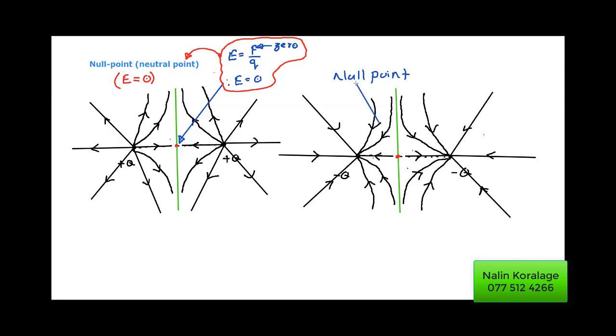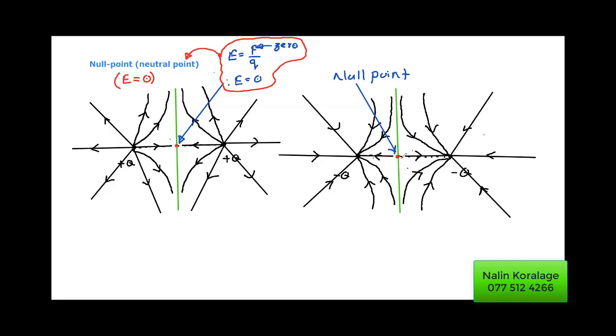That one is going to be a null point there. Why? Because forces are getting cancelled. This is something virtual, but it actually happens in practice as well. Virtually, if we place a testing positive charge, there will be two forces. They are equal in magnitude and opposite in direction.